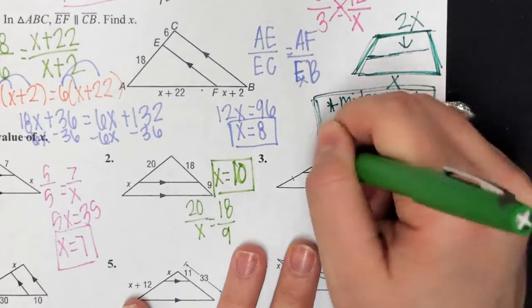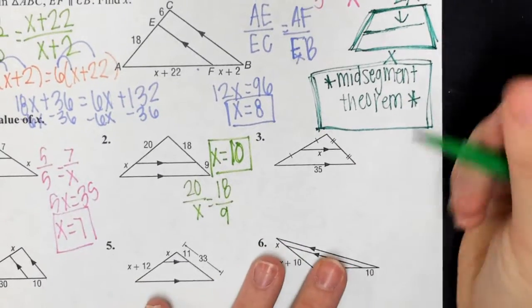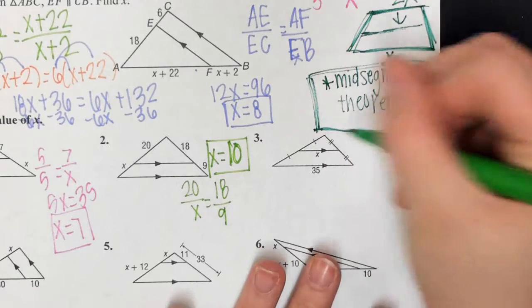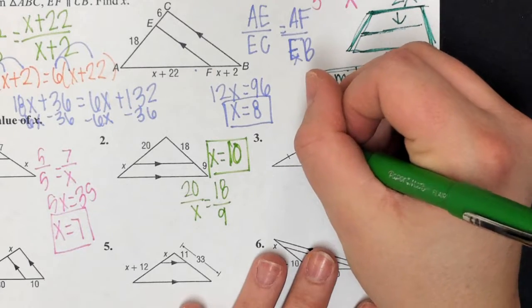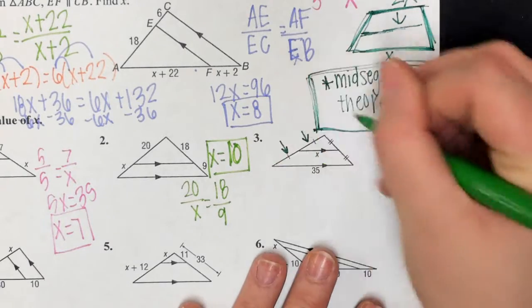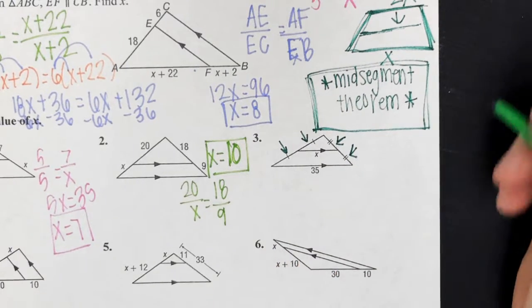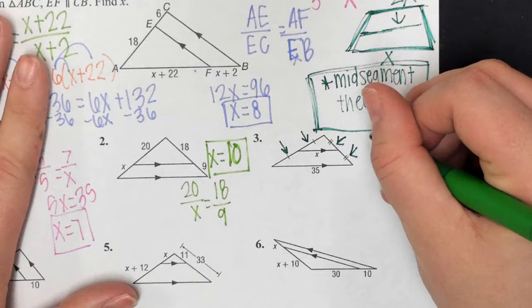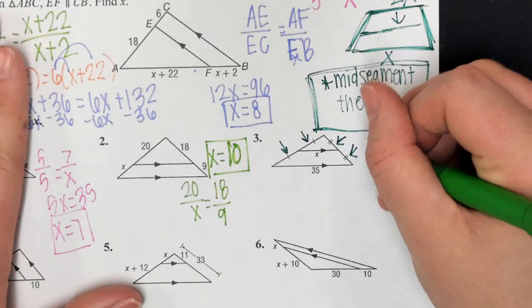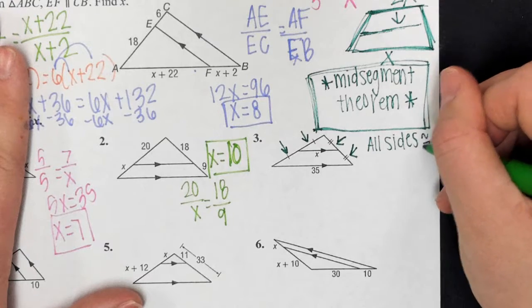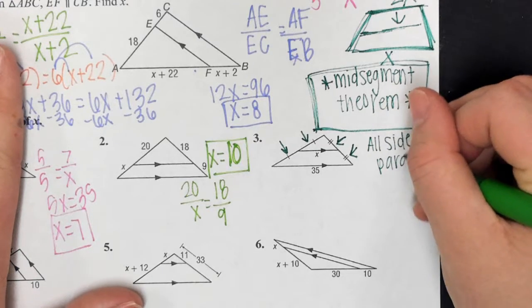If your triangle, what do these dashes tell me? They're the same, they're congruent. So this side is congruent to this side, and this side is congruent to this side, and they're parallel. So all sides are congruent, and they are parallel.